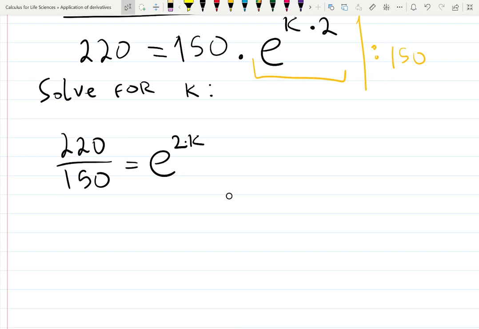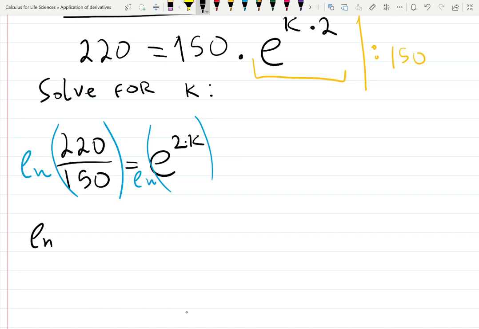How to dig K out of the exponent? Any ideas? Natural log. Natural log, ln, thank you. So you know it, you see? Now when you see this in the model or in the news, you know how they did it because now you took this class and you know how it works. Apply log to both sides. In this case, ln will be nice.